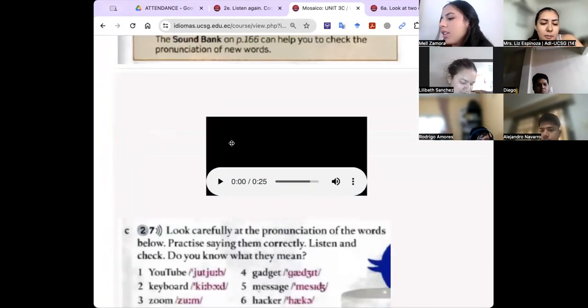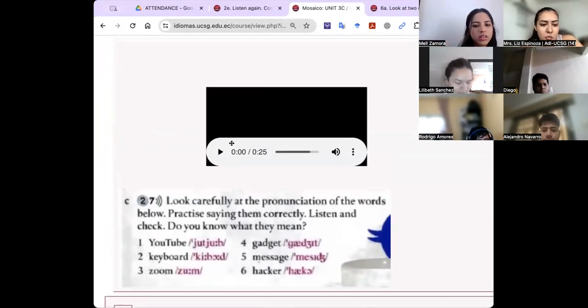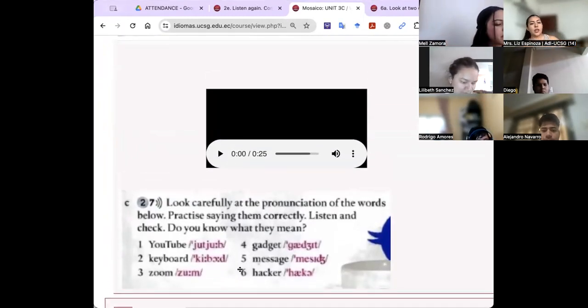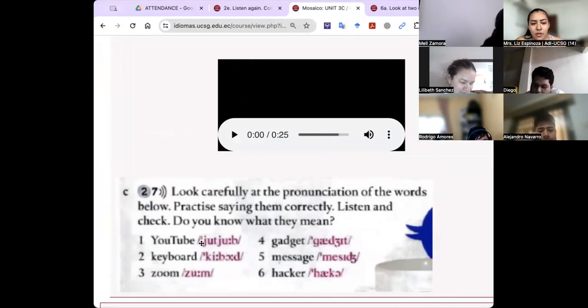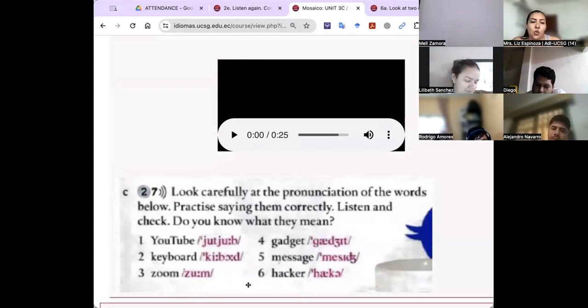Okay, so for example, these words, pay attention. It doesn't say YouTube with the stress on the second syllable. Actually, the correct way to pronounce it is YouTube, stressed on the first. You see the apostrophe, right? We have intonation or stress in Spanish with the tilde, right? In this case, we have the apostrophe in the IPA pronunciation, so we can understand where the stress goes.